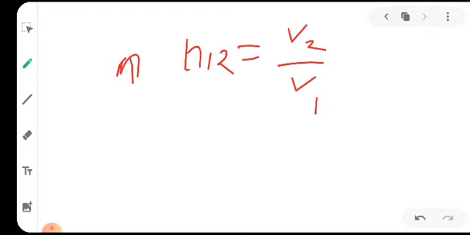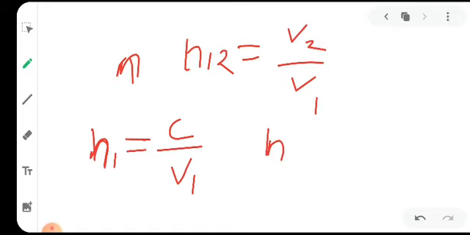And how do you define n1? Absolute refractive index n1 is actually nothing but c over v1. And n2 is c over v2.